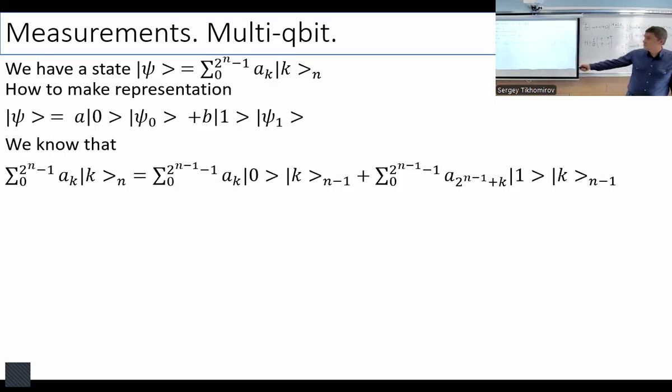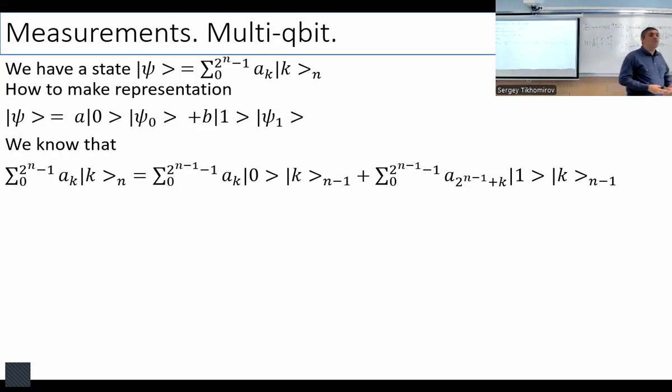I already did this. This is a formula from the calculation, and here I have 0 times a direct product, and here I have 1 times a direct product. The only tiny detail is that if I immediately write this as a direct product, it would not be a quantum state, because the sum of A_k squared for half of them is not 1.